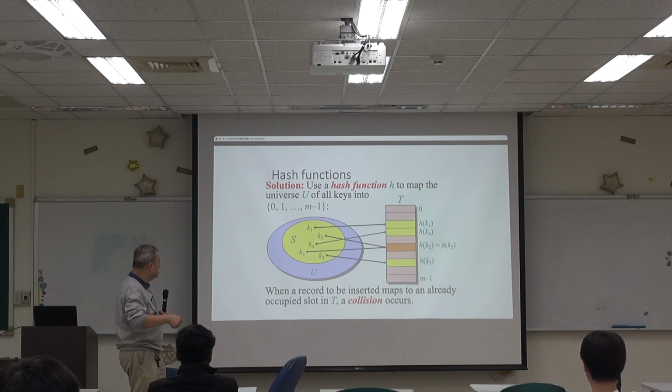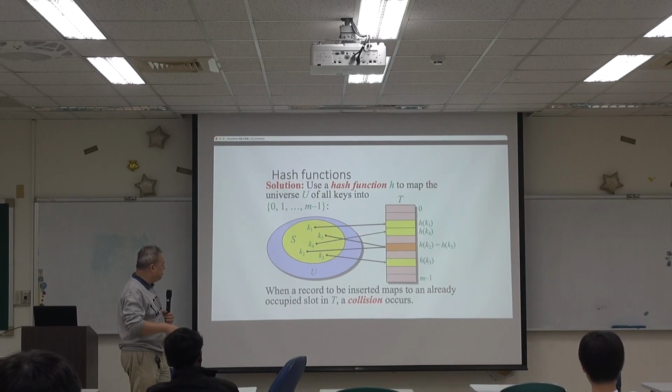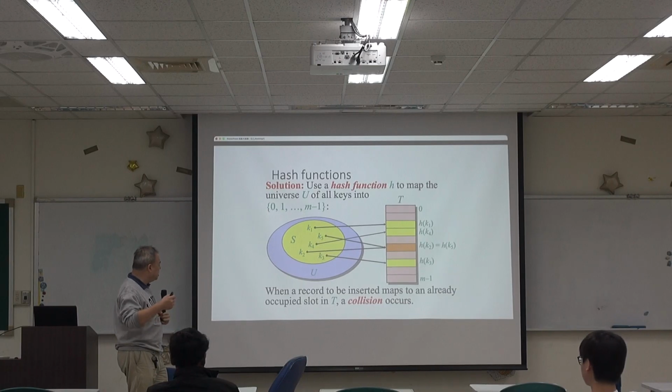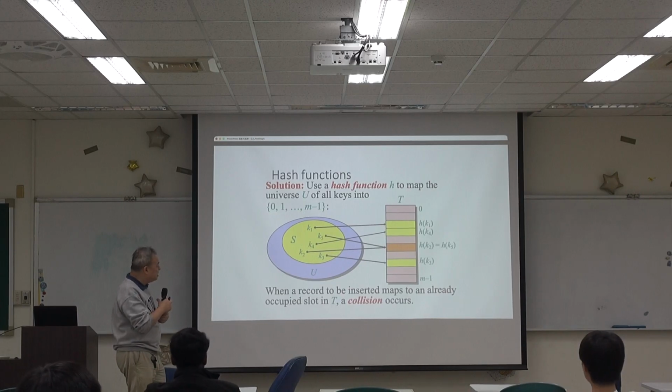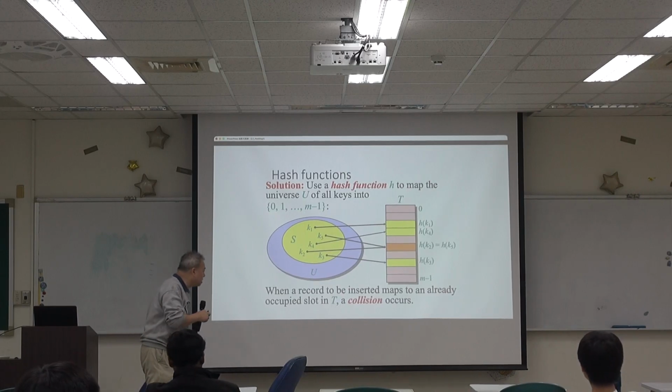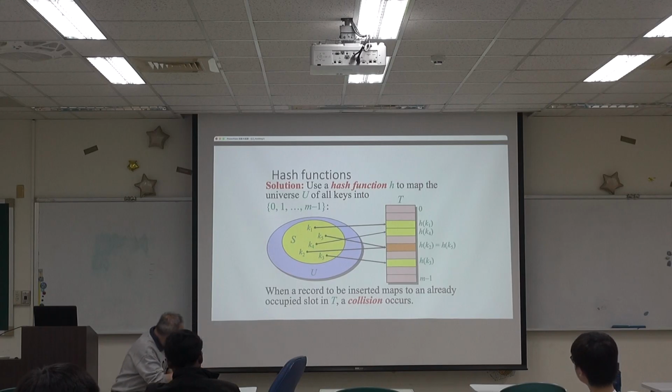So when a record to be inserted maps to an already occupied space in T, we call that a collision. Collision happens.